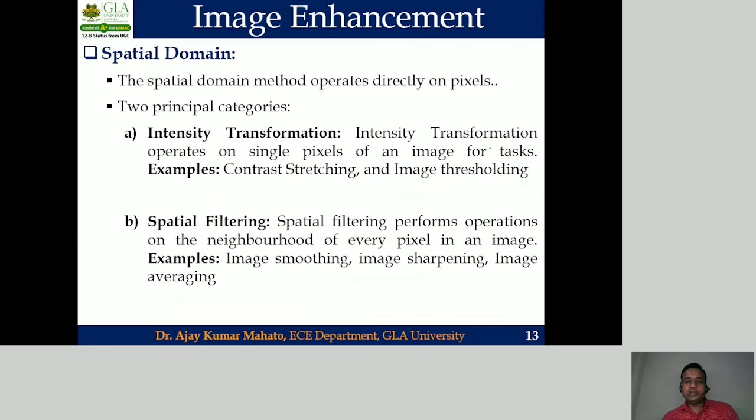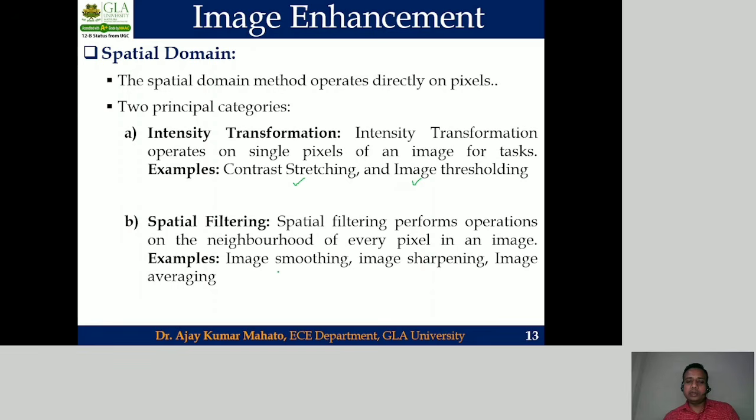So contrast stretching, image thresholding, image negation, these are examples of intensity transformation, since in these we consider only the particular pixel P and not its 8 neighborhood pixels.